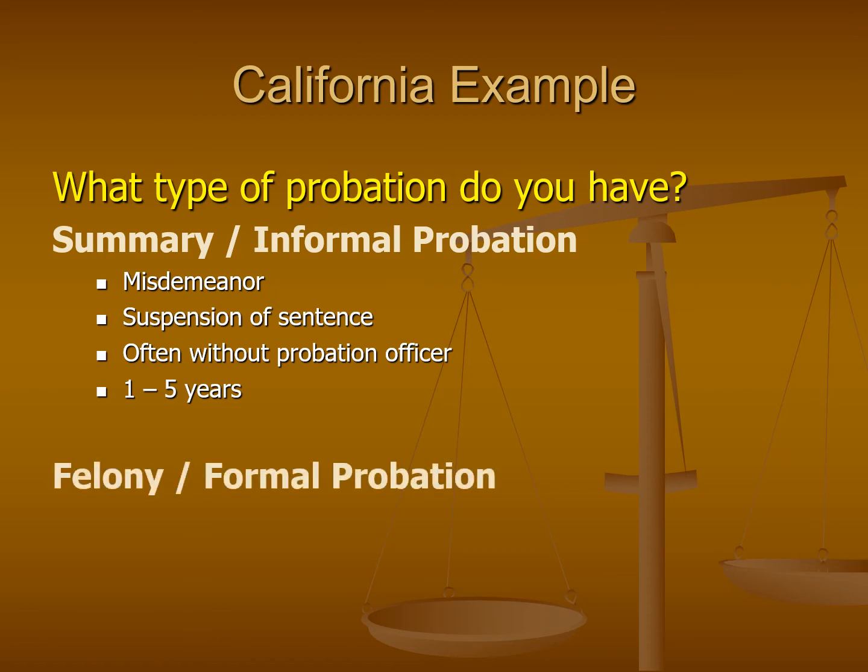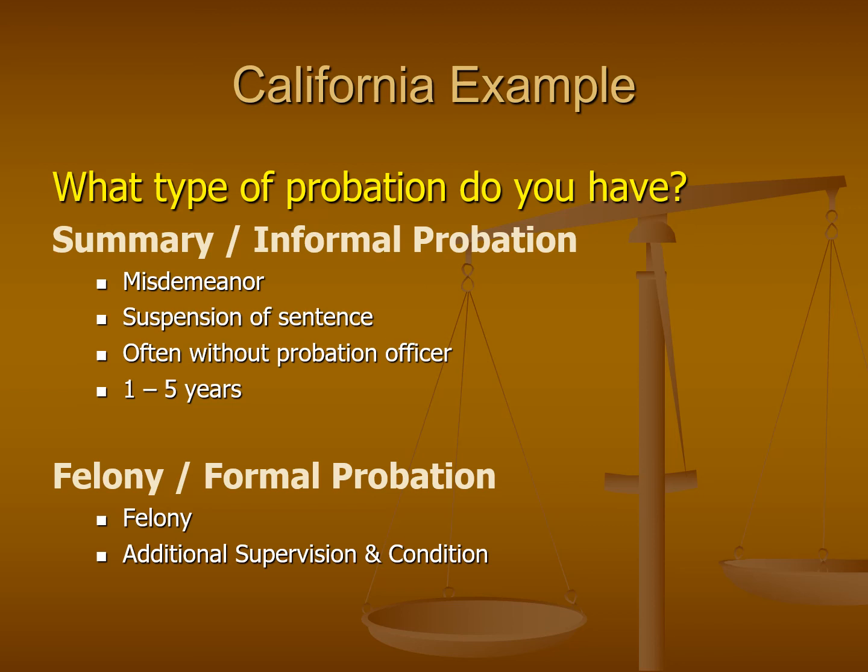On the other hand, the second type of probation that we have in California is what we call felony or formal probation. Now, as the name implies, this type of probation is for individuals who have been convicted of a felony. And so oftentimes what we see here is a much more severe form of probation.